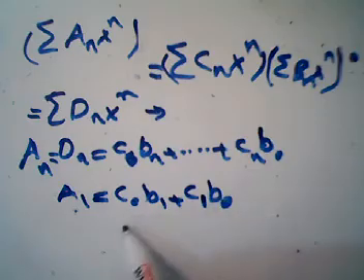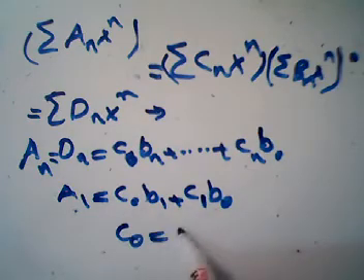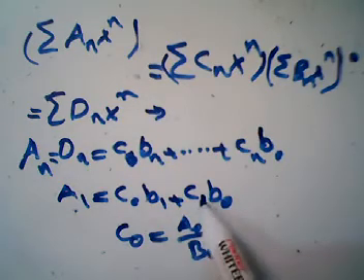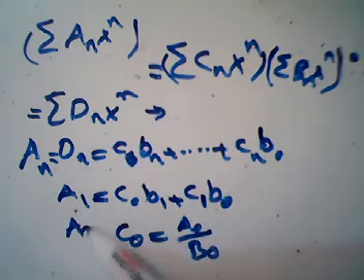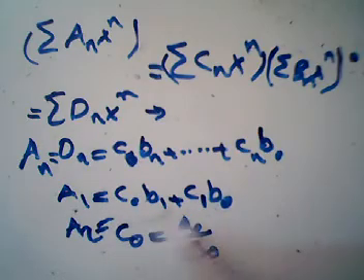And we know what C0 is: it is A0 over B0. From here we could find C1, and A2 gives another equation, from which we could find more of the C coefficients.